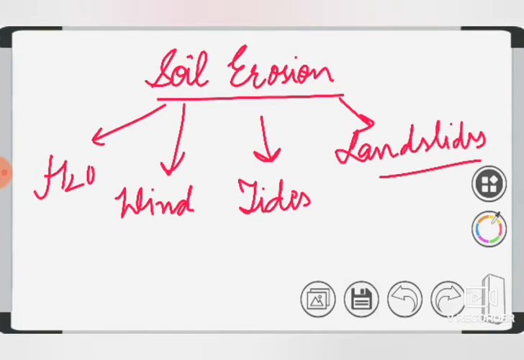Now we will be discussing the different types of soil erosion. The type mostly done by running water is your sheet erosion, in which the whole sheet is removed. Sheet erosion.